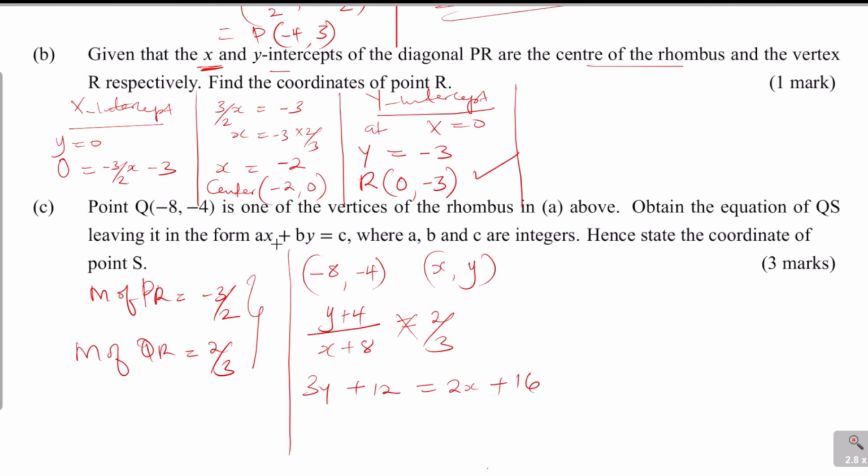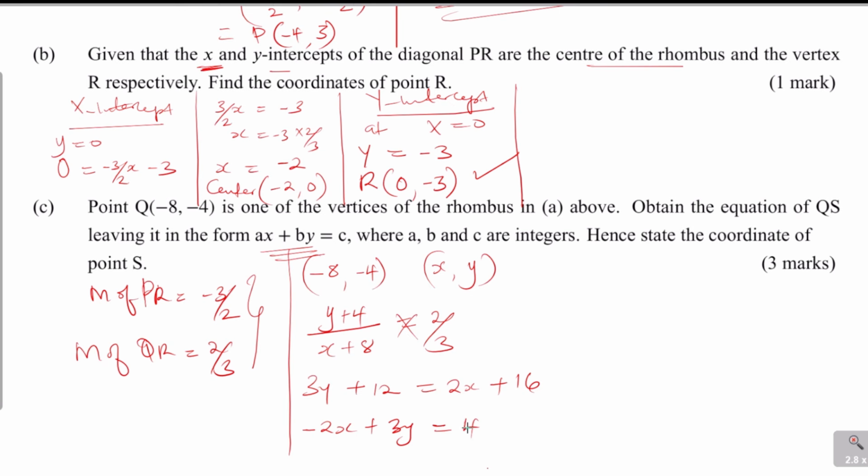We reorganize the equation in this required format here. If I decide to bring everything to this side, we'll have -2x plus 3y is equals to, we take this onto the other side, this will be 4.